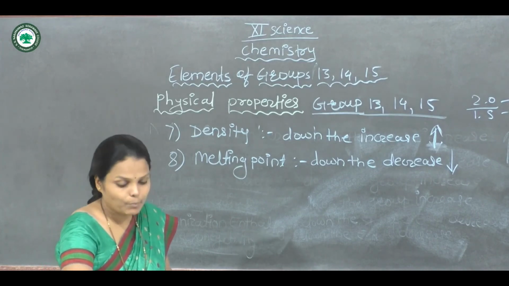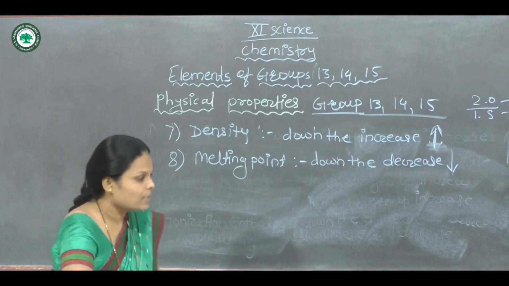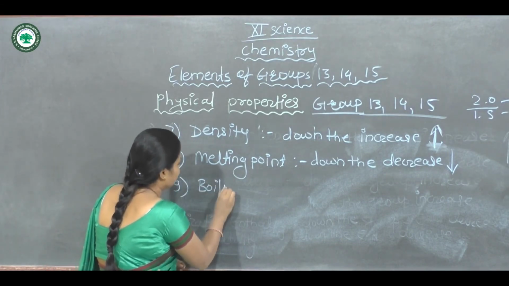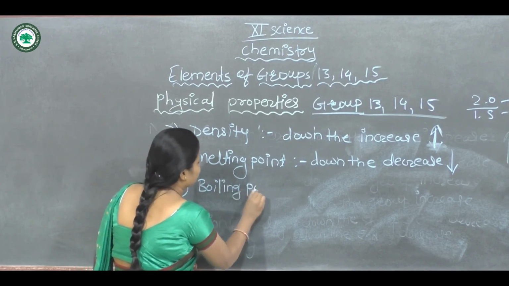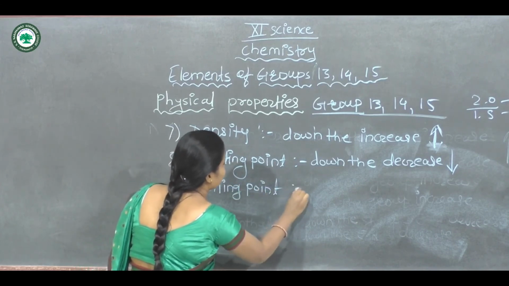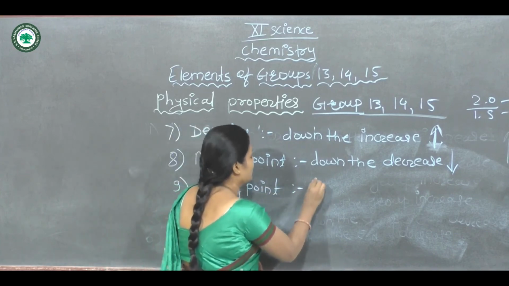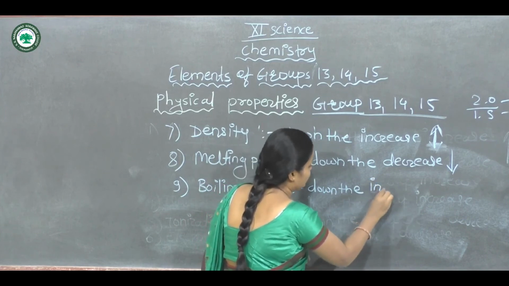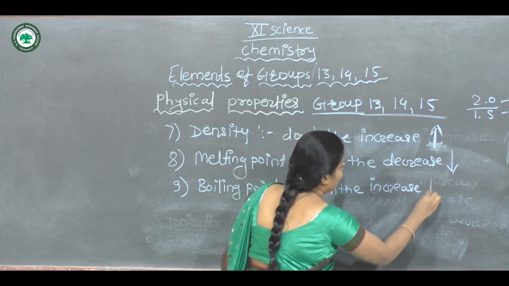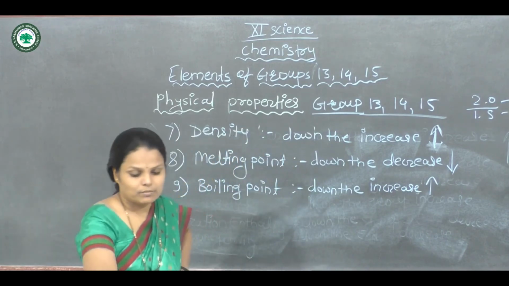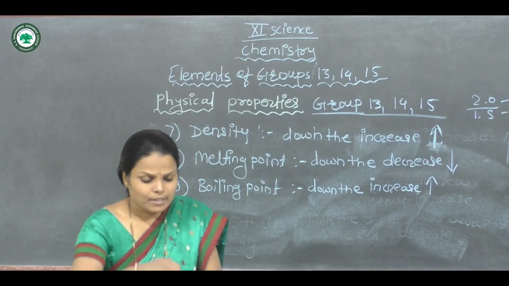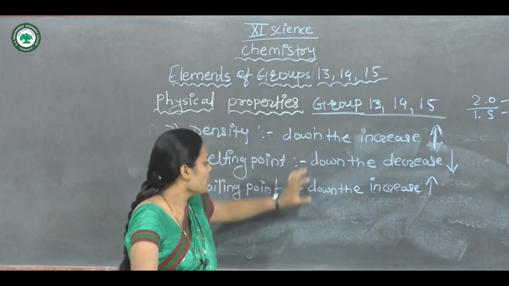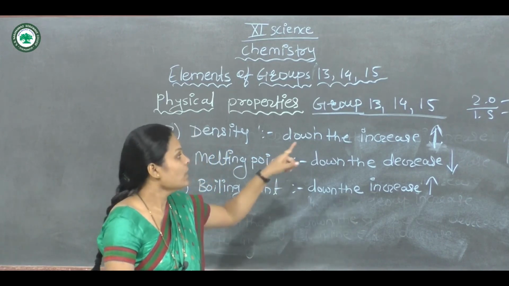The last one is boiling point. Down group 13, the boiling point increases. Here is the boron family, the boiling point increases, but group 14 is a different case.